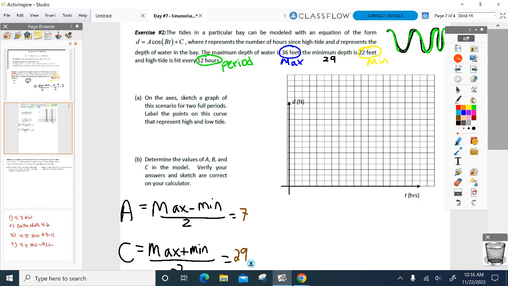Everyone is 2, everyone is 3, everyone is 4. Try to space it out, though. And 22, 29, and 36 don't have to fall on an actual line. It doesn't matter, as long as it's between something and you can graph it.